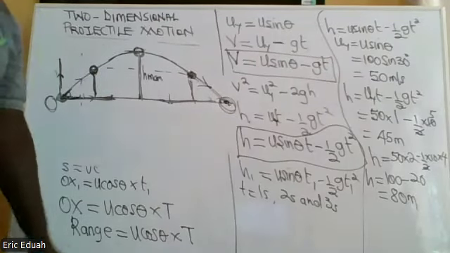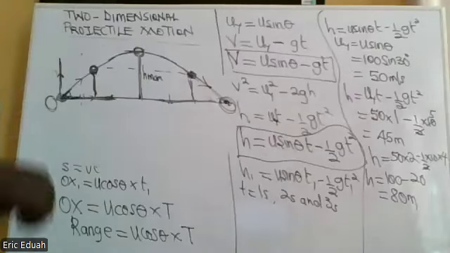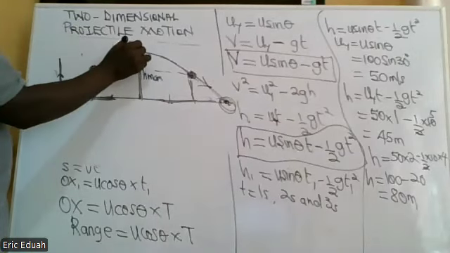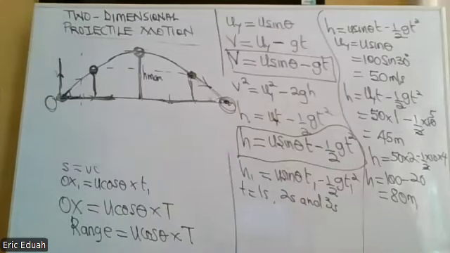Now, at the maximum height, before I talk about that, note that for projectile motion, at every time we have two different velocities acting on the body.